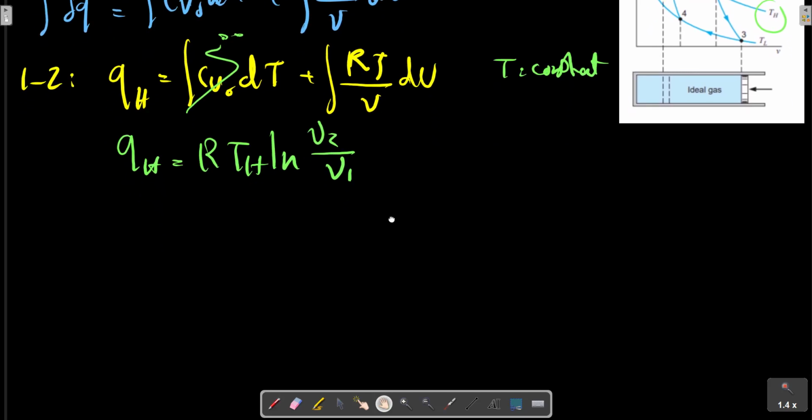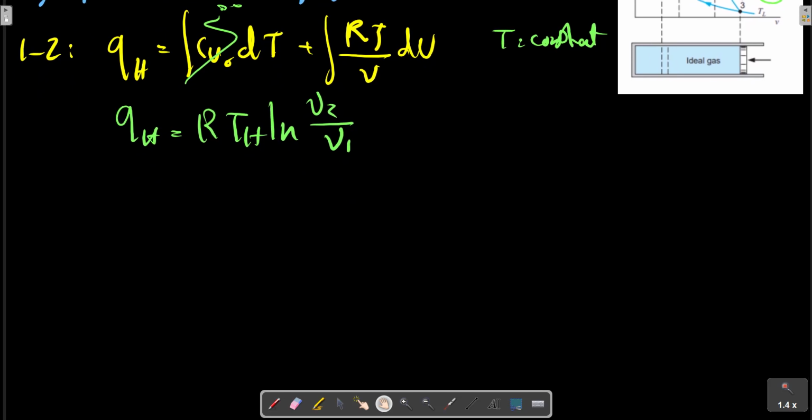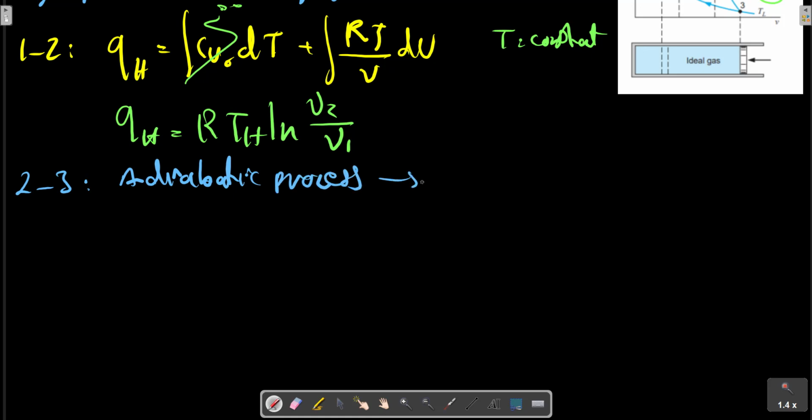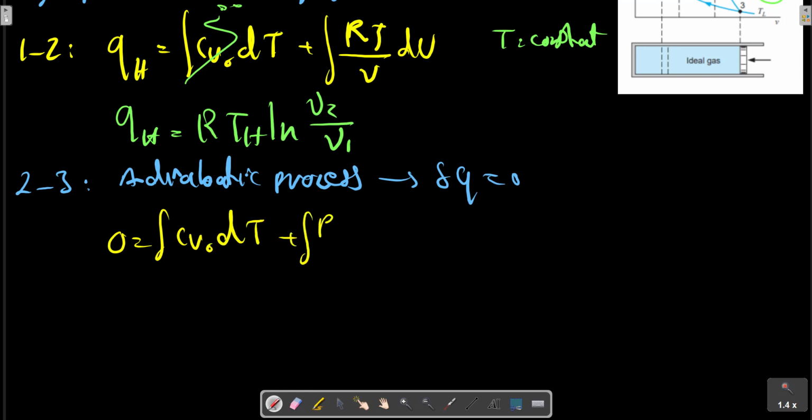For the adiabatic process, delta Q equals 0. The relation is C_V0 dT plus RT/V dV.